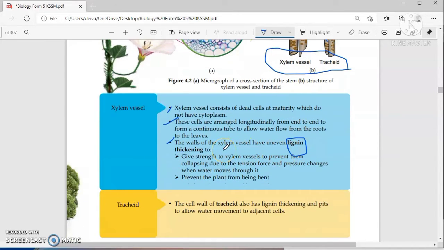Okay, lignin gives them the strength, kekuatan, the strength. And avoids the xylem and trachea tissue from collapsing, and prevents the plant from bending.